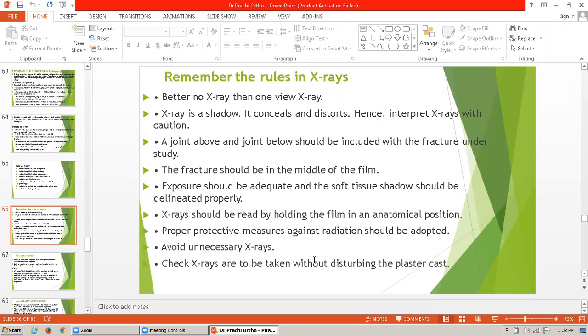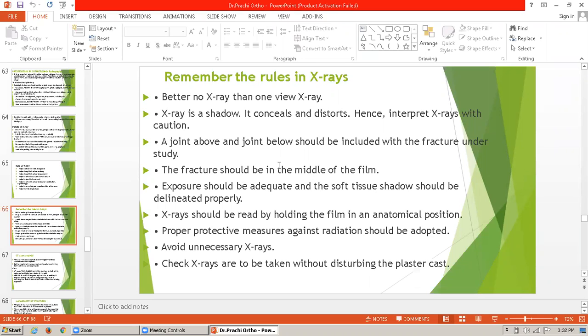So the rules of the X-ray: it is better to have no X-ray than a single view X-ray, and X-ray is a shadow, so interpret X-ray with caution. The joint above and below should be included with the fracture under study. The fracture should be in the middle of the film.